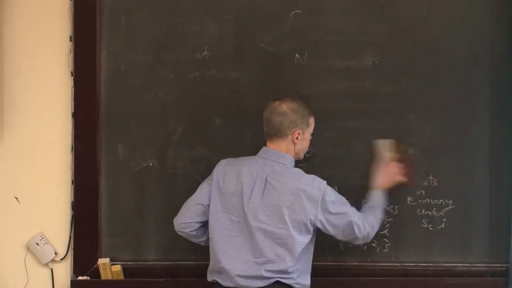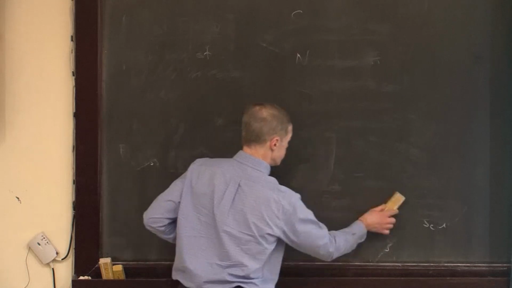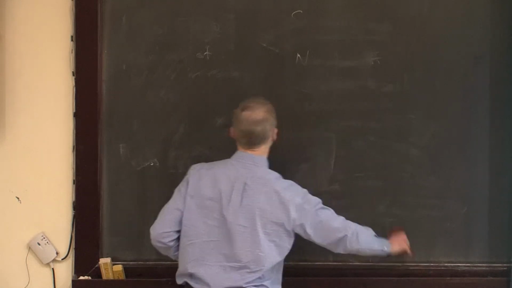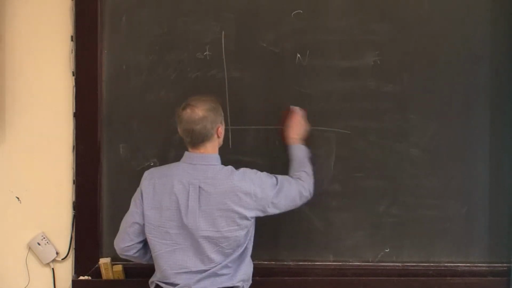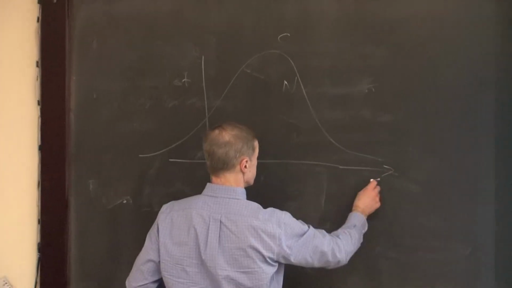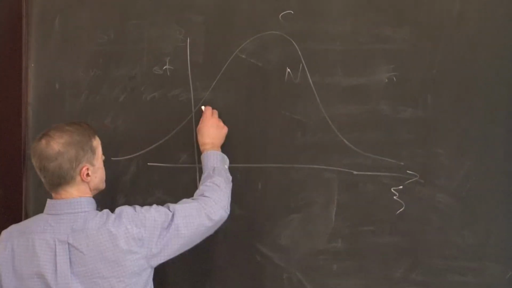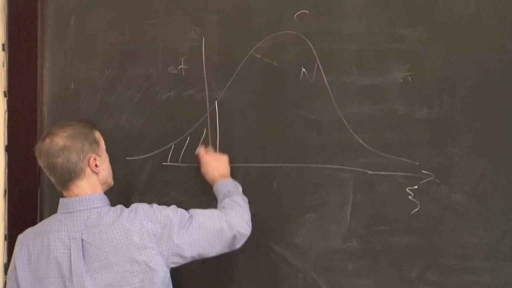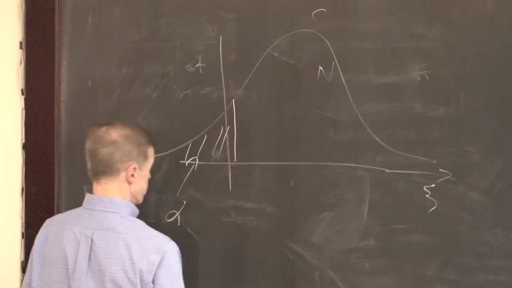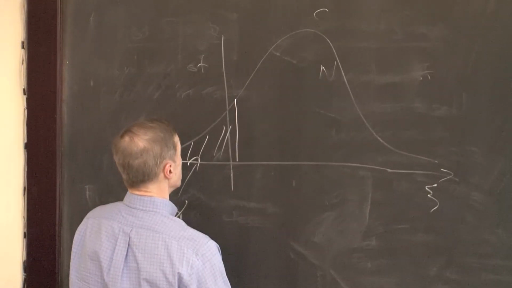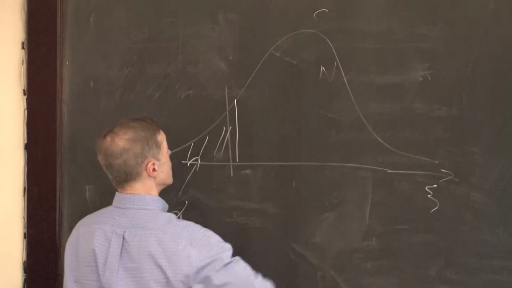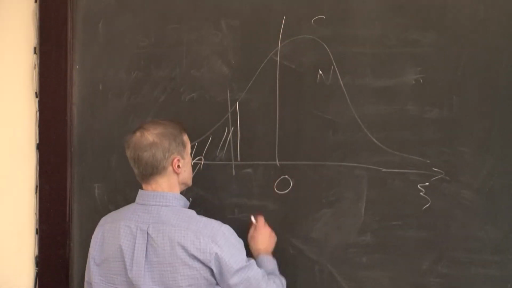Let's draw a picture of that. So if this is like the density of C, and the probability down here is alpha, I'm going to make this 0.